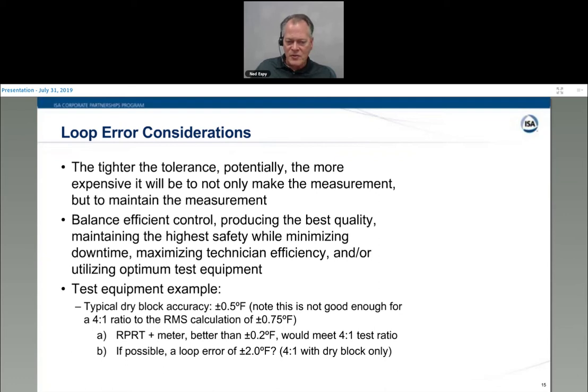In that case, if the control engineer said 2 degrees was accurate, then now you have 4-to-1 by just using the dry block. So this is an example where you can, for a relatively reasonable cost, achieve better accuracy, but it causes more stress on the maintenance people. And if you could get by with 2 degrees, it makes life a whole lot easier and allows you to perform the work faster and make it less complicated for your personnel.